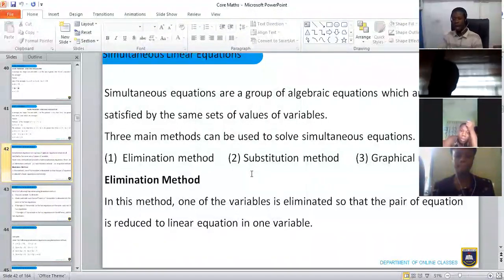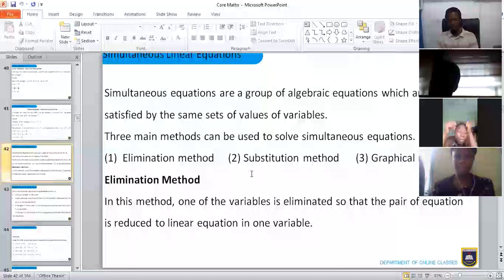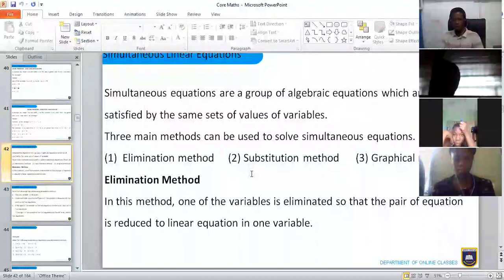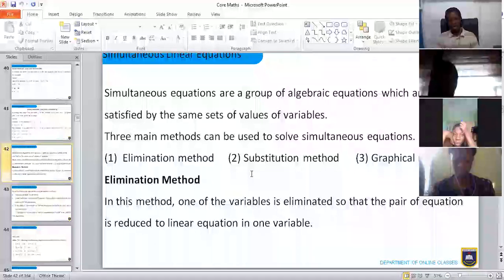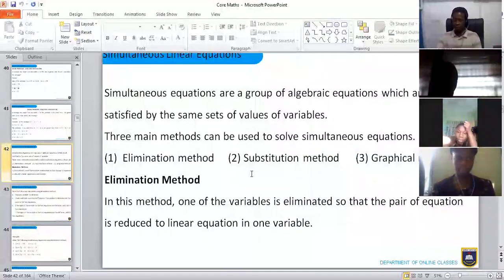But x and y have the same value or play the same role in both equations. So simultaneous equations are equations where the variables involved in all the equations have the same value.